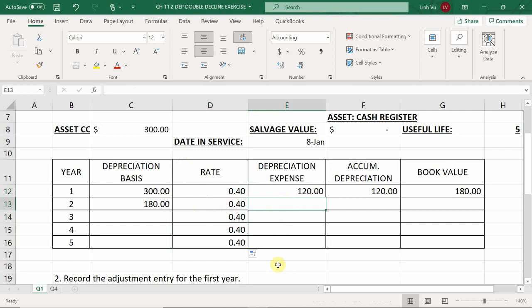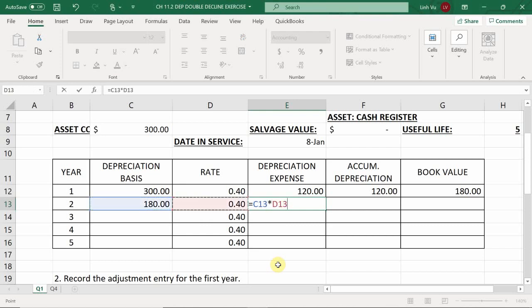So then, how do I solve for my depreciation expense for year 2? We multiply the 180 by the 0.40, to give us 72.